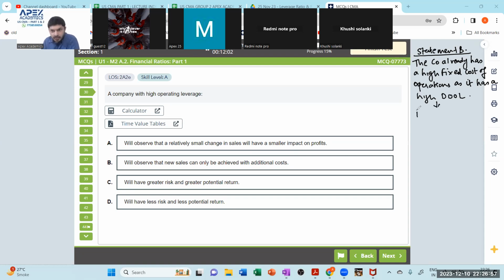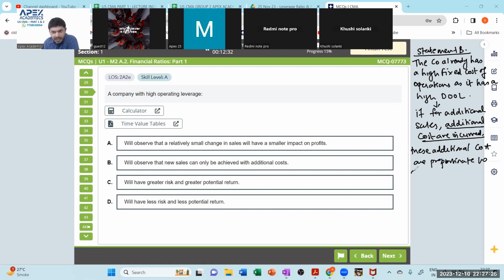Now, if for additional sales, additional costs are incurred, and these additional costs are proportionate to sales, that is, they are variable costs. Please digest this statement.